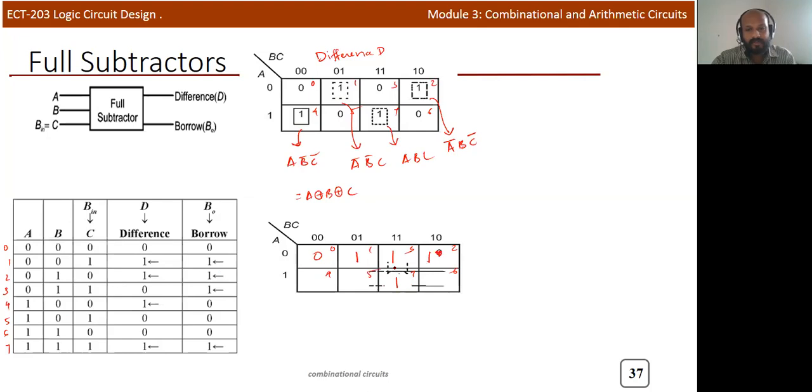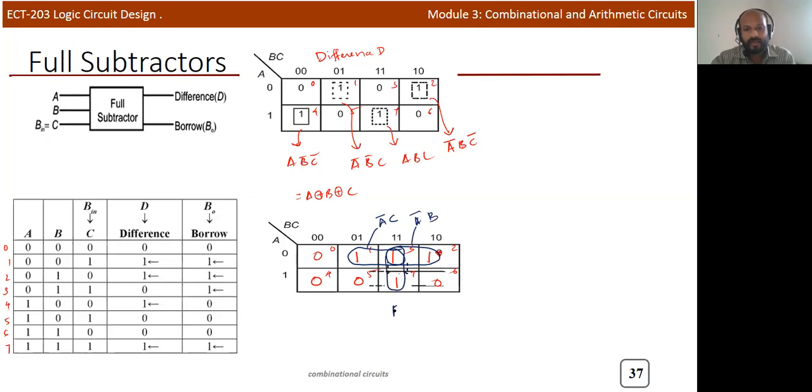So you'll get 4 terms, all other values are 0. Now we need to group all these values. You can consider one group like this, so it becomes A bar, and the common term is C. Now we can consider another group like this, grouping 3 and 2. Again it becomes A bar and B. Now we can consider the third group.